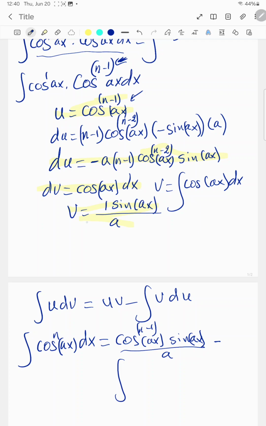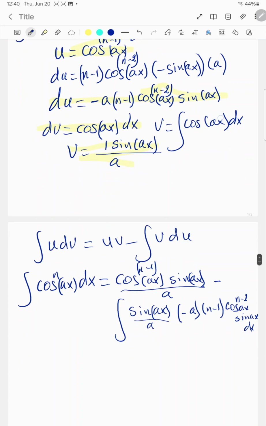Minus the integral of my v, which is sine ax divided by a, and my du, which is multiplied by minus a multiplied by n minus 1 cosine n minus 2 ax sine ax dx.